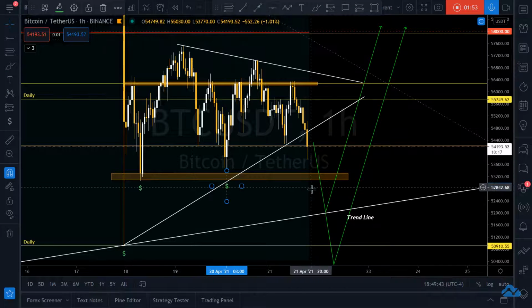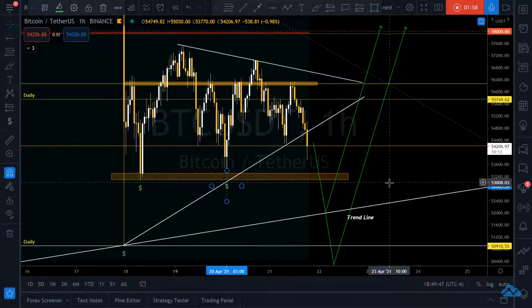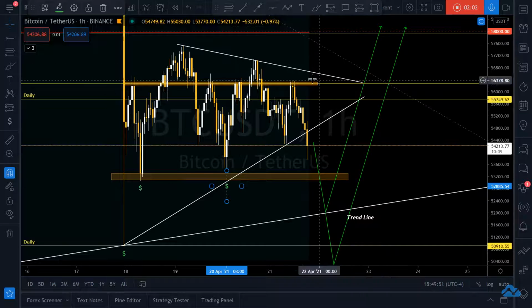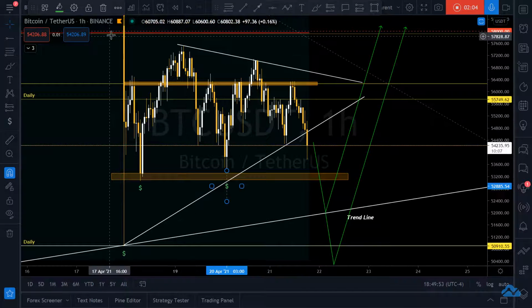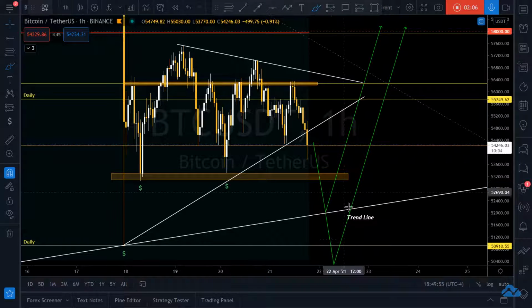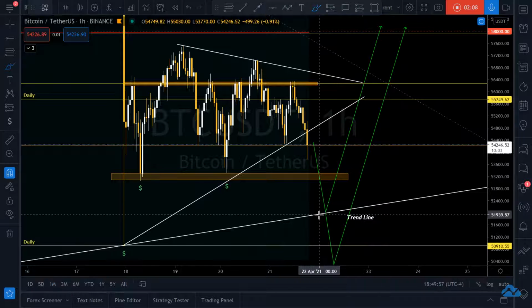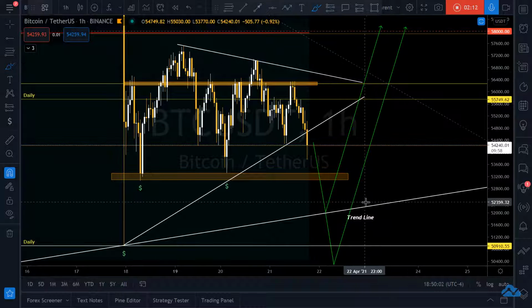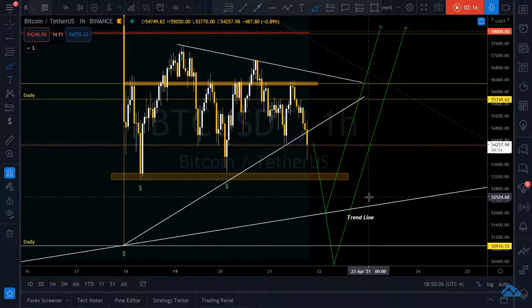Price liquidation managers want to make sure they go get that. They need liquidity. They need liquidity to make the big moves. They need liquidity to fuel that move.